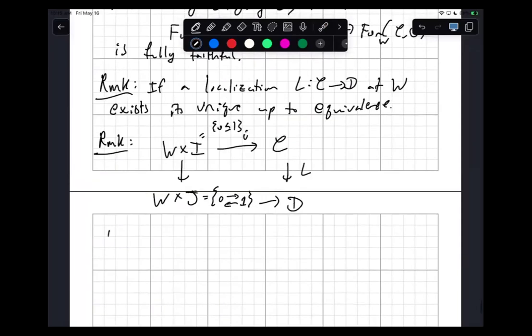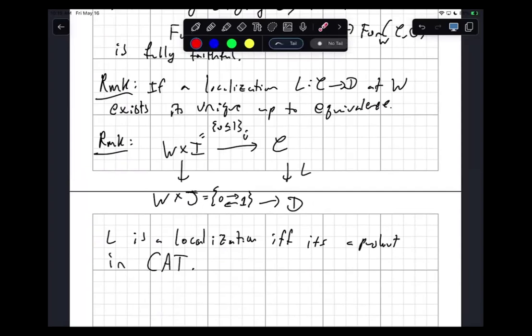So L is a localization if and only if it's a push out in big cat. If it's a push out like above in cat.